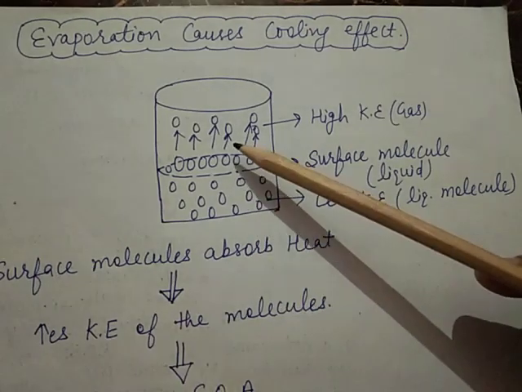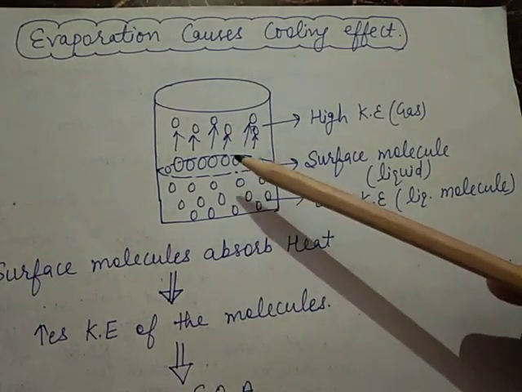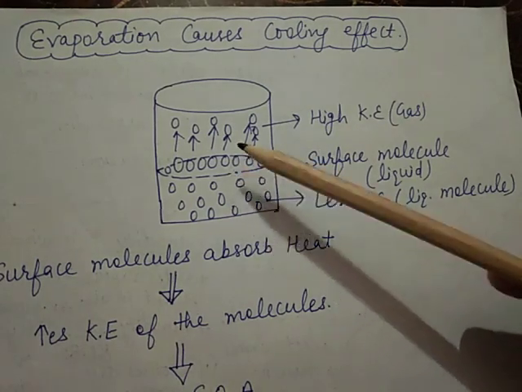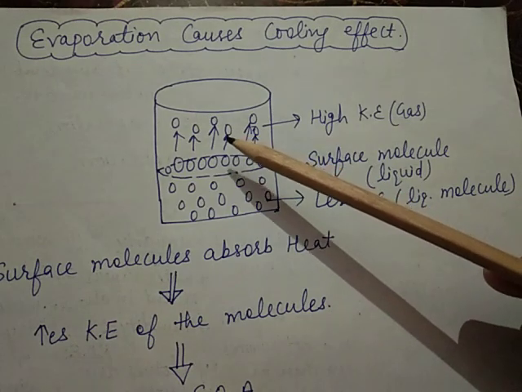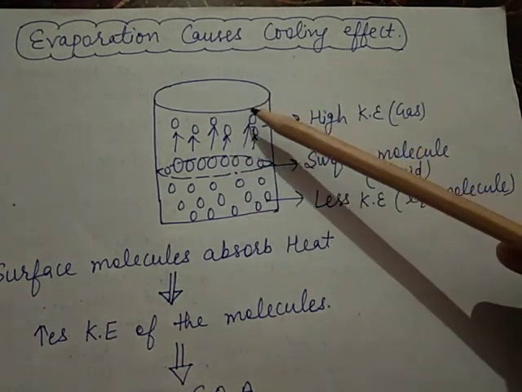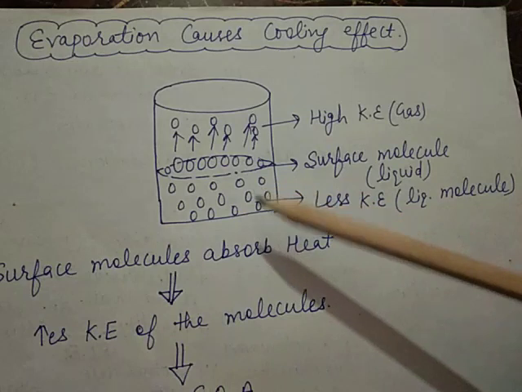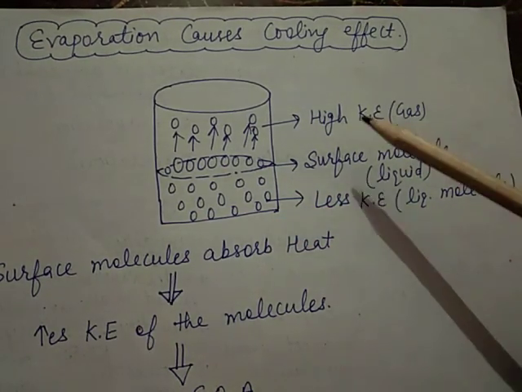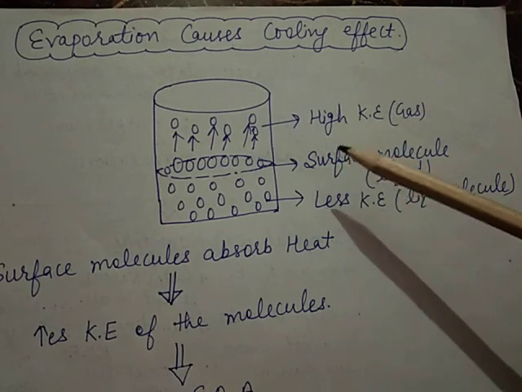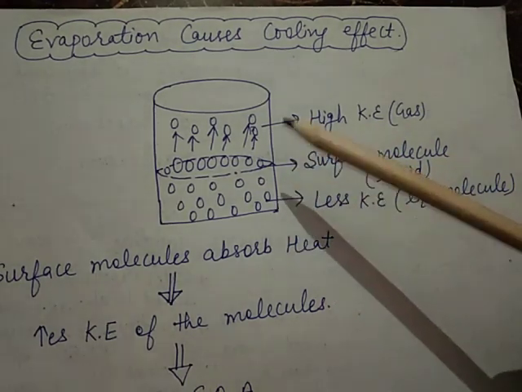This means the particles of liquid present on the surface have a tendency to come out from the surface so that they may acquire more freedom to move, and this is called randomness.